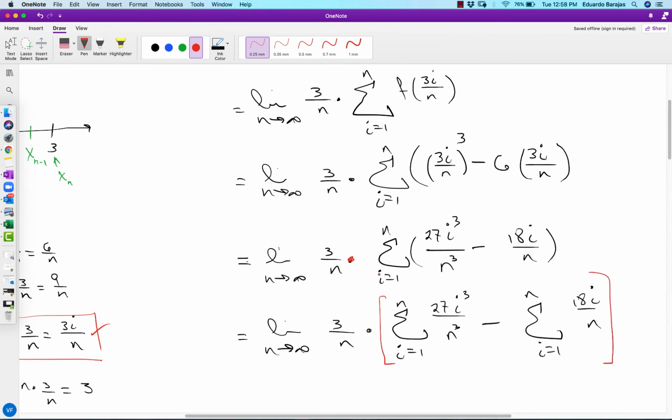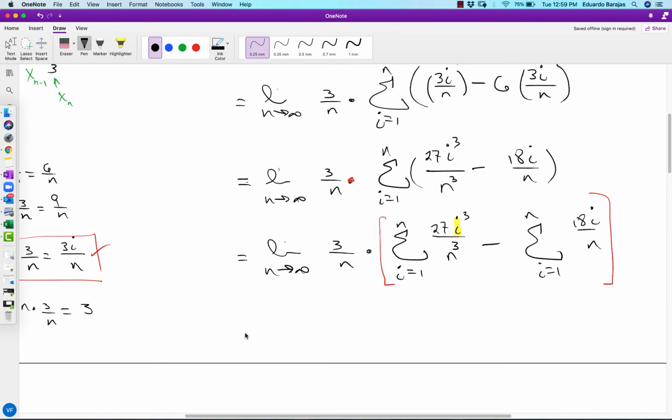So up here this was times all of it, so I introduced those extra brackets. And now we can simplify this a little bit again. Again, if we focus on this, the i is right here, but n to the third power is not affected by i, and n over here is not affected by i. So we can pull that out of the Riemann sum and write it this way.